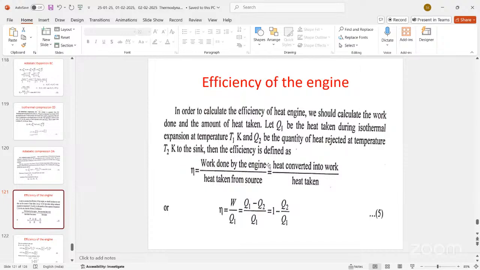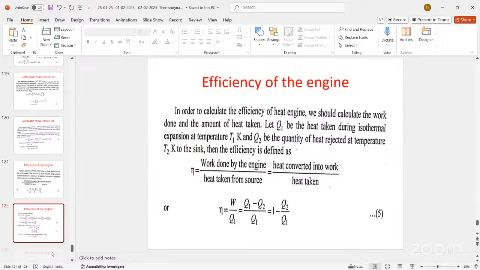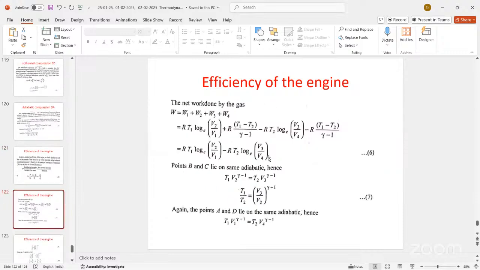This is called eta, is equal to the work done by the engine by the heat taken from the source, is equal to the heat converted into work by the heat taken. So this is the equation for the efficiency of the engine: W by Q1 is equal to Q1 minus Q2 by Q1, that is equal to 1 minus Q2 by Q1. We will get this. This is all from our book only.